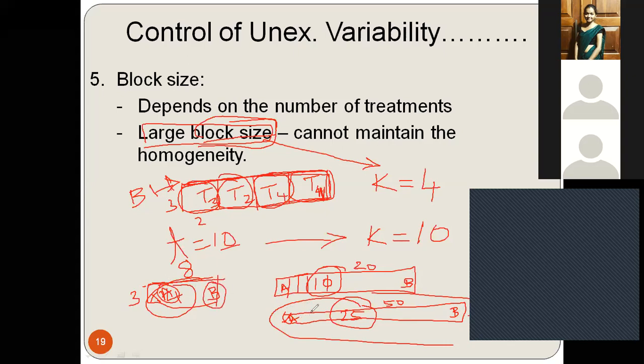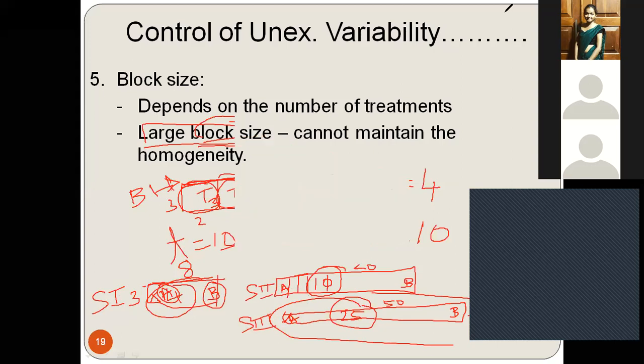My question is, this is situation 1, S1, this is situation 2, this is situation 3. Where is the variability high between A and B? Situation 3.